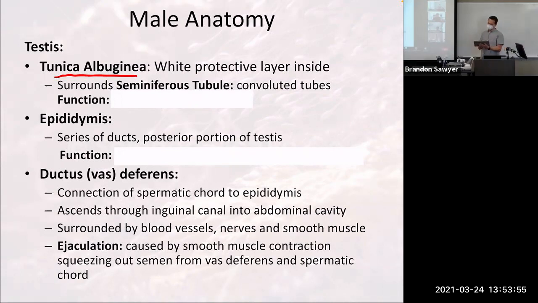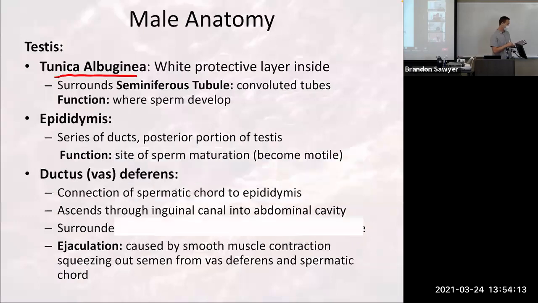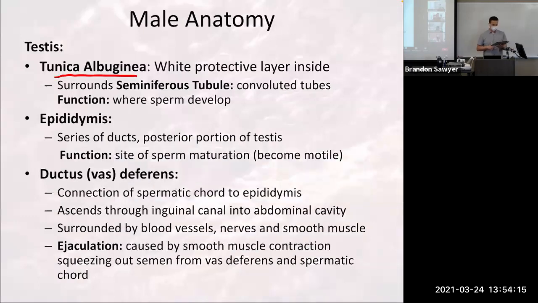Okay. Yeah. So this is what surrounds a structure called the seminiferous tubule. This is a collection of tubes that have all kinds of little turns and twists in them. There are cells lining the seminiferous tubule that are very important for helping the sperm develop. Okay, and then there's the epididymis. The epididymis is a continuation of the tube system that we have in the seminiferous tubule.